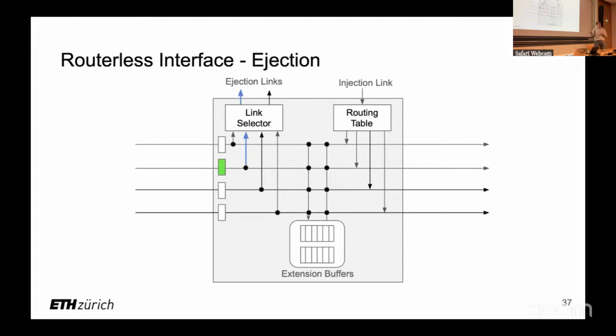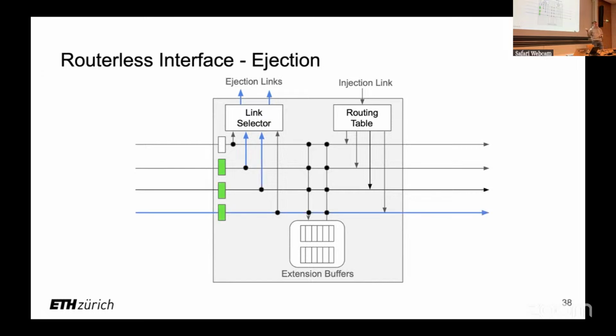Now we've seen injection. What about ejection, right? That's actually quite straightforward. You'll just have oncoming traffic, and eventually you'll realize, oh, this packet is actually meant for me. And you'll just take one of your ejection links and eject the packet out because it's meant for you. With one slight caveat: maybe you don't have, say in this case, 4 ejection links, you only have 2.